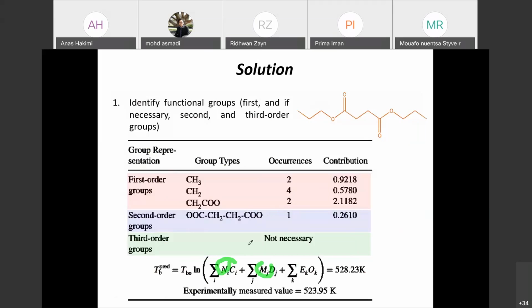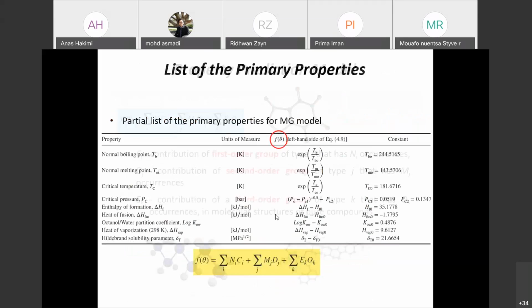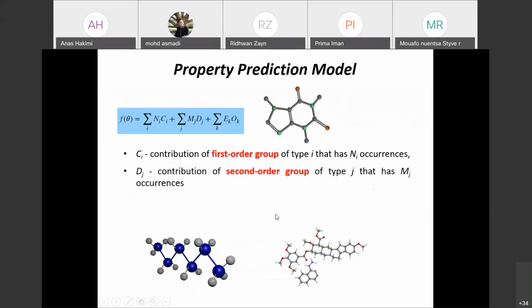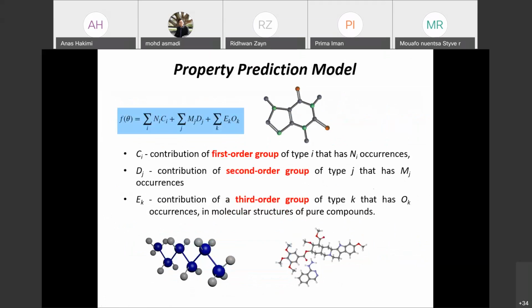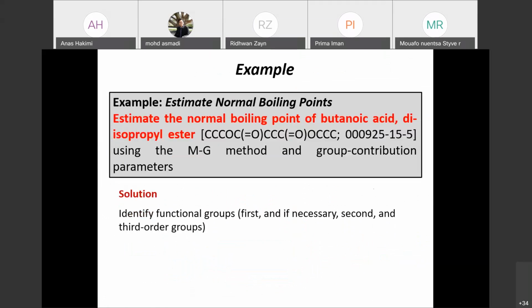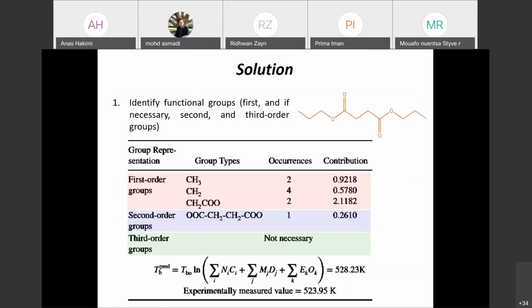How about the number of occurrence? What was the symbol just now? Oh, this one. So the number of occurrence Ni, and Mj, as well as Ok. Okay, this one.